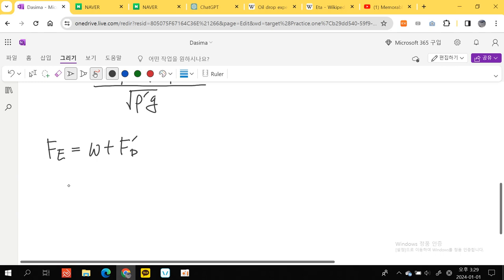And the electrical force is the product of the electrical charge and the electrical field. And for the drag force, we are going to use the second terminal speed.